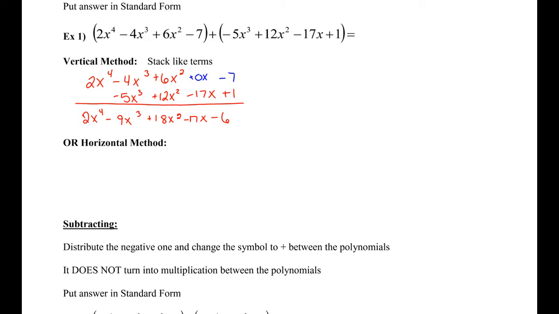For the horizontal method, you're just looking across and combining like terms. So I'm going to start by rewriting the problem.